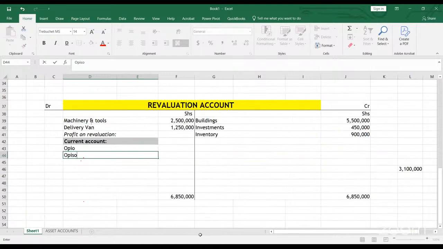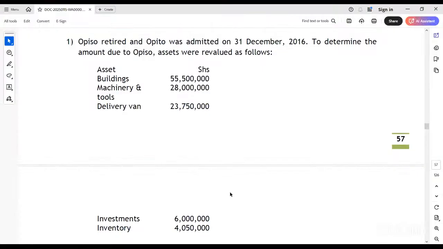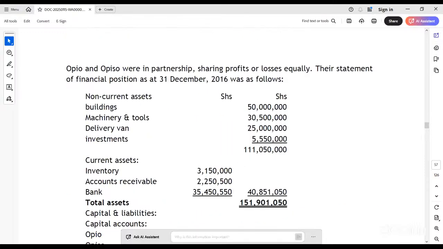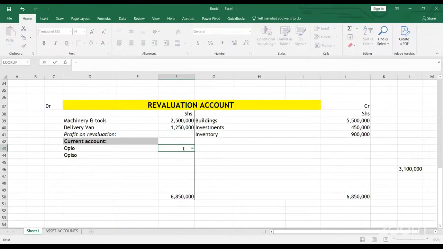Initially, these two were sharing profits and losses equally, as per the question. So they are going to share that profit equally. That will be a half times the 3.1.